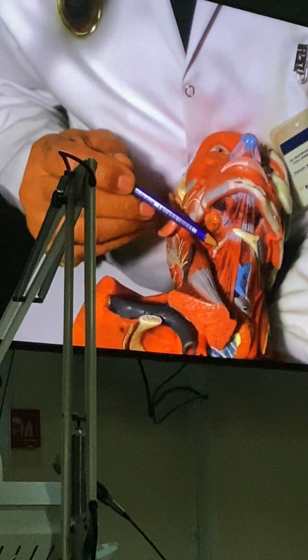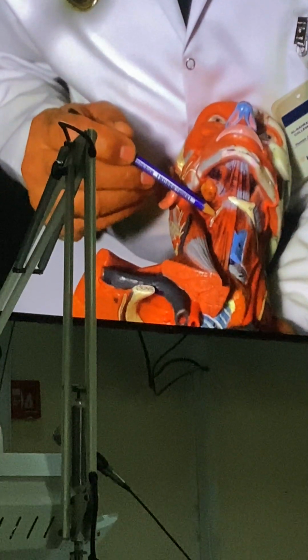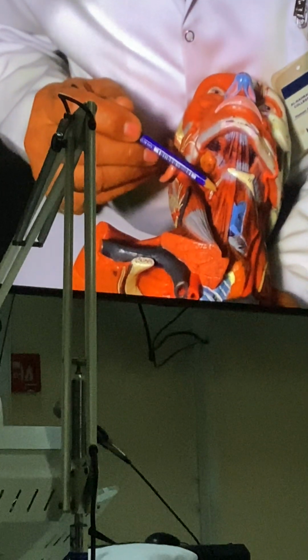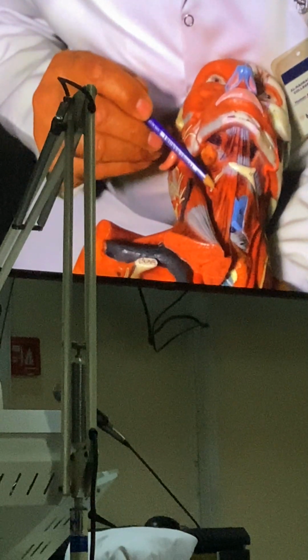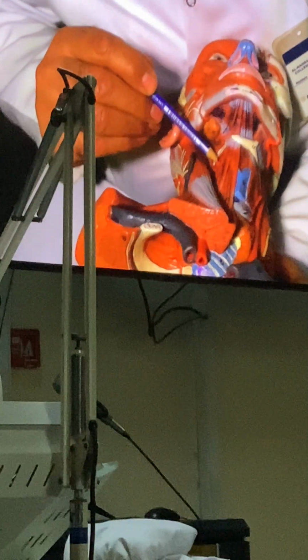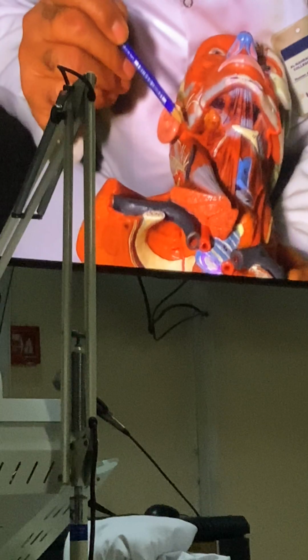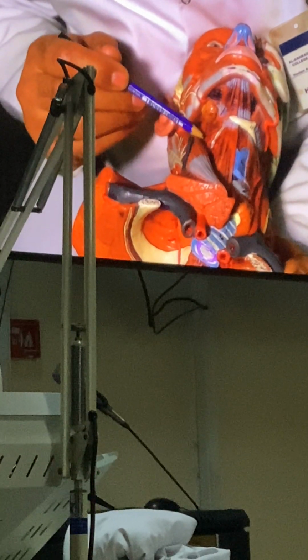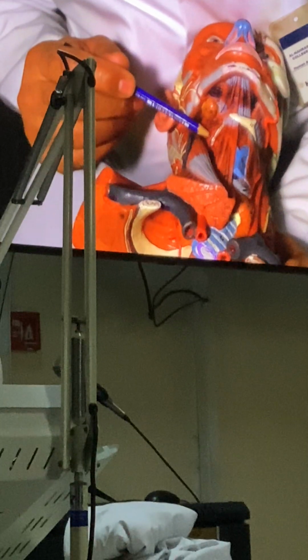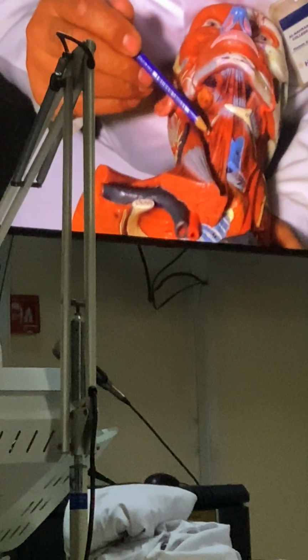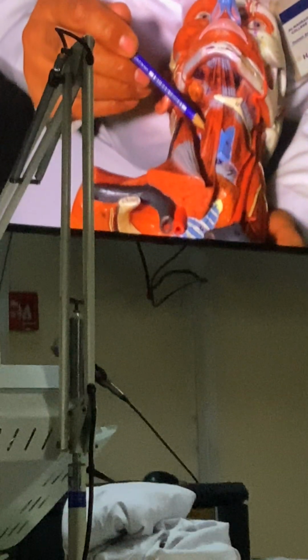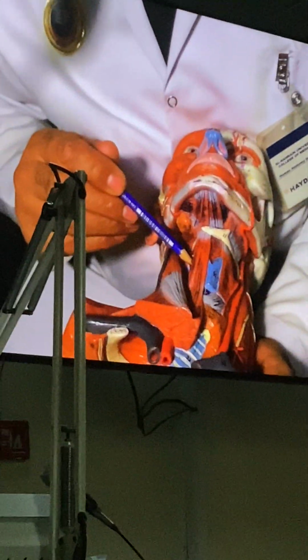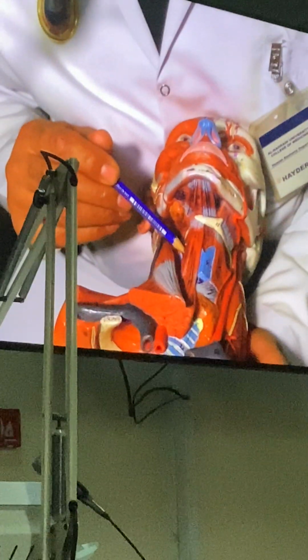Right? Showing the hyoid bone, the thyrohyoid membrane perforated by the internal laryngeal branch of the superior laryngeal artery. It shows you above the superior thyroid artery the facial artery. It also shows you part of the constrictor muscle of the pharynx.